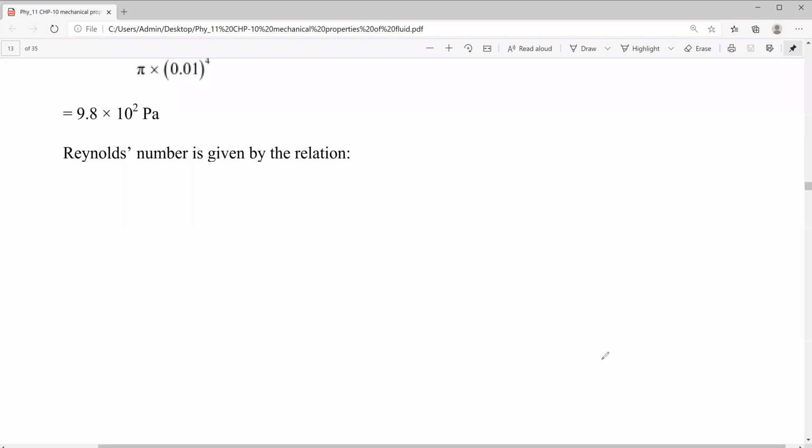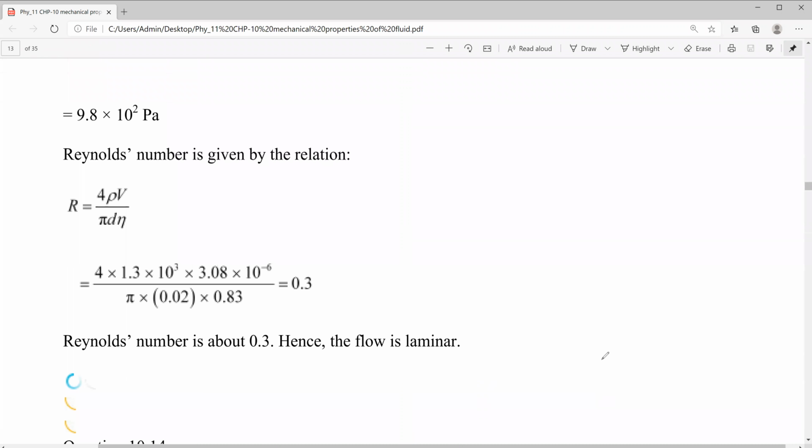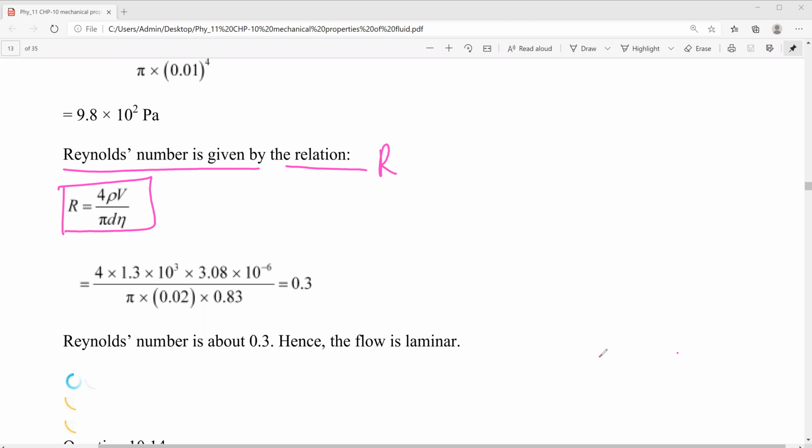Next, the Reynolds number. Why are we using that? In order to identify the type of flow of the liquid. The Reynolds number is given by the relation R is equal to 4 rho V divided by pi d eta.